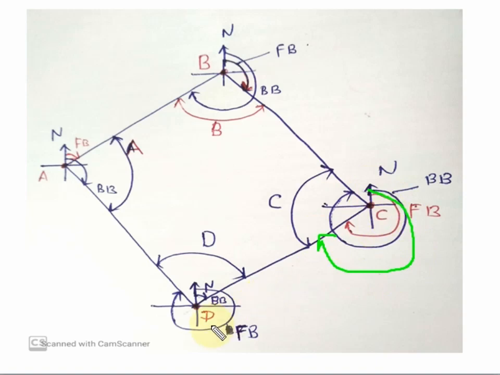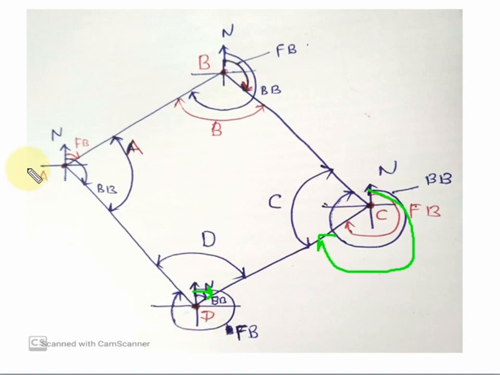Then what is the back bearing of line CD? Same line CD, back bearing is nothing but you have to measure at the D station to the same line. So this is the back bearing of CD, you do not have to read DC. Always read from C to D, in the direction of the progressive survey.